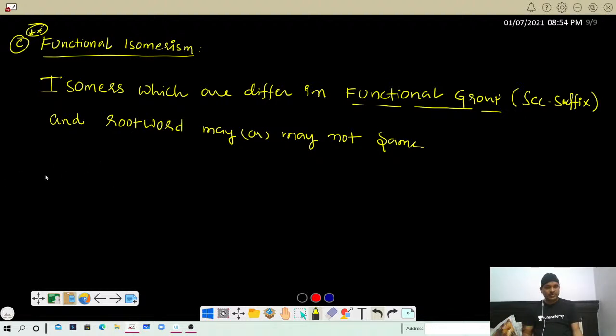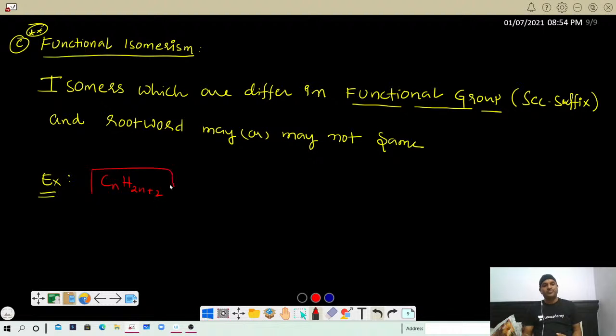Like examples, let me write with the molecular formula. There are different possible molecular formulas. Among those, first we'll discuss one by one from the start. I can say one example like CnH2n+2.